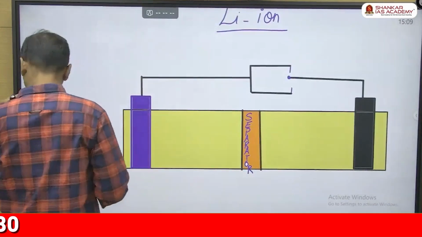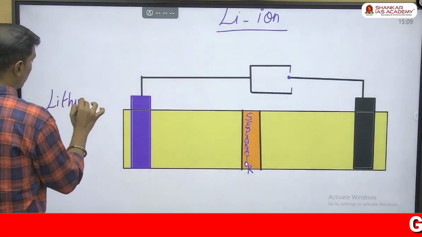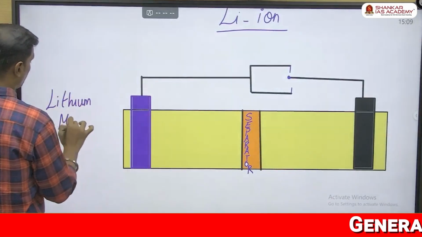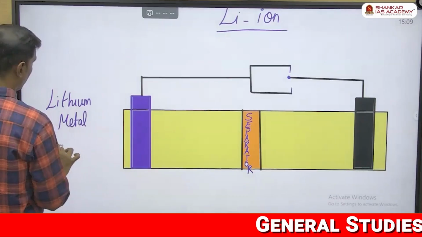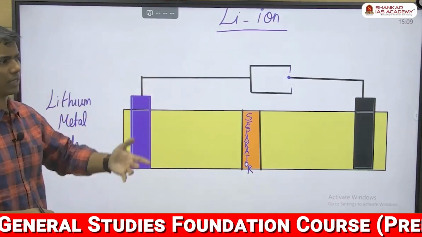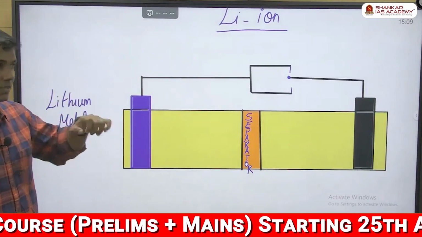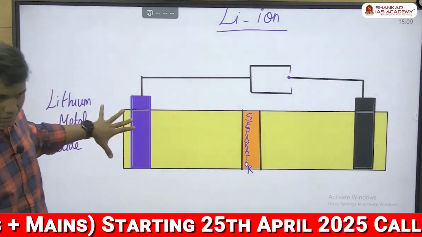On one side, we have lithium metal oxide. When we say lithium metal oxide, it can be anything: lithium iron oxide, lithium copper oxide, lithium followed by a metal followed by oxide. There are a set of metals that are suitable for cell production. It's used here.